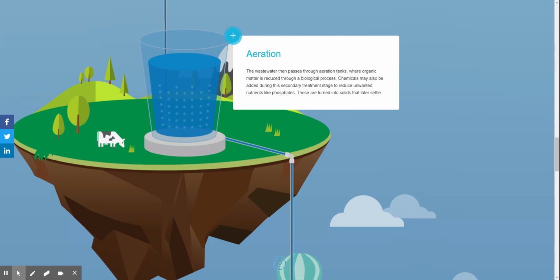The more they eat, the more they grow and multiply until the nasty bugs have gone. Also, chemicals can be added at this stage to remove compounds called phosphates. These could be harmful to the rivers and sea if they were just released. Also, they're actually, again, a valuable resource for fertilizers that can be used by farmers.